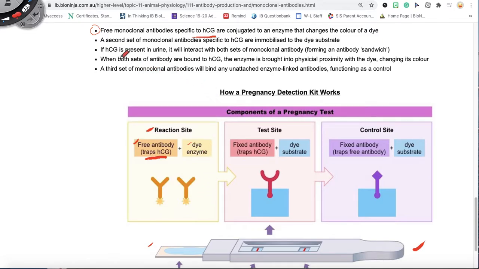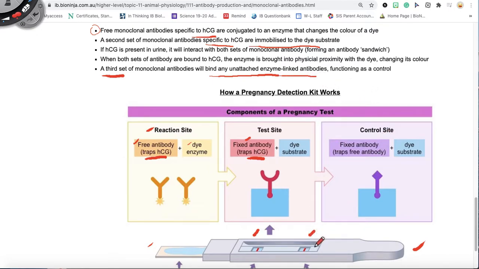Then you have a second set of monoclonal antibodies that are also specific to HCG that are immobilized to the dye substrate. In this particular region, you have a fixed antibody that traps HCG and also contains a dye substrate. And then you have a third set of monoclonal antibodies that are going to bind to any unattached enzyme-linked antibodies, and that's what functions as a control.